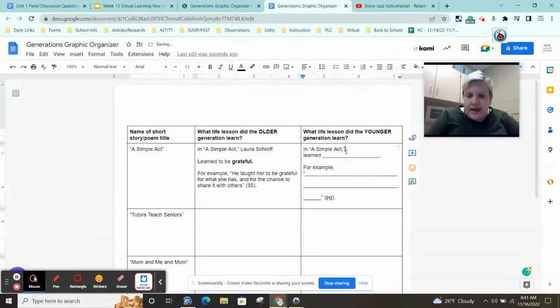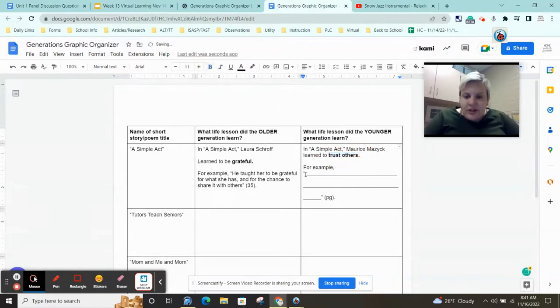So in A Simple Act, comma, Maurice Mazik. Did I spell his last name right? I got to go back and check. Maurice, no, I did not. Mazyck. Maurice Mazyck learned, and if we look back at our annotations, he learned to trust others. We're going to go ahead and bold that.